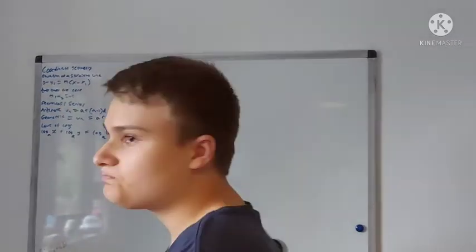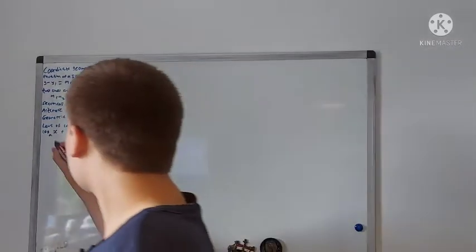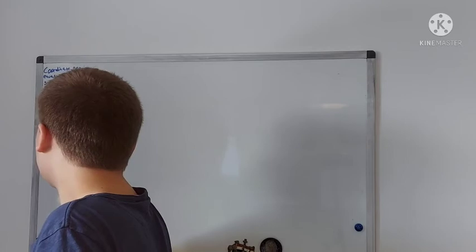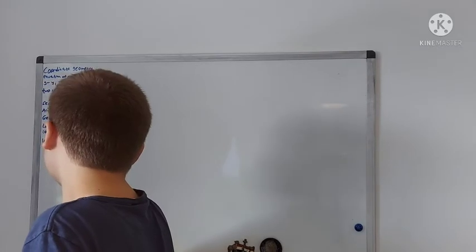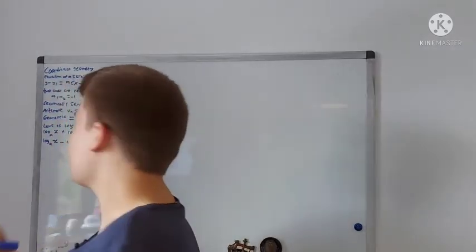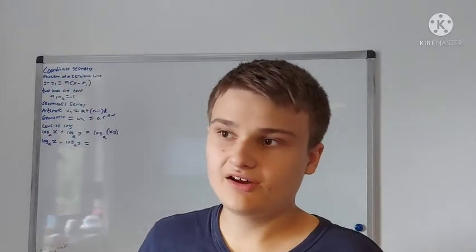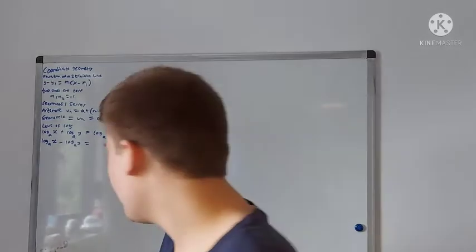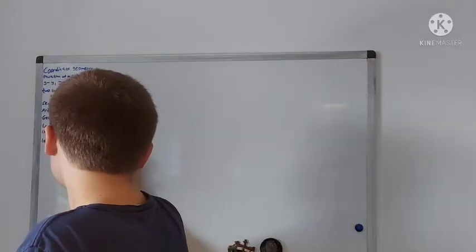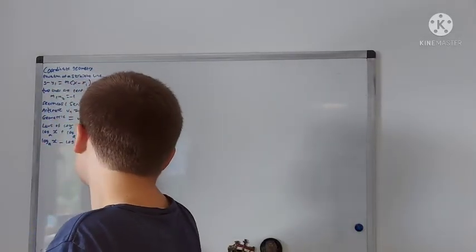So adding logs, multiply together. Now if I'm taking one away from the other, that's different because we now have log base a of x over y. So we're taking away, we're using division.